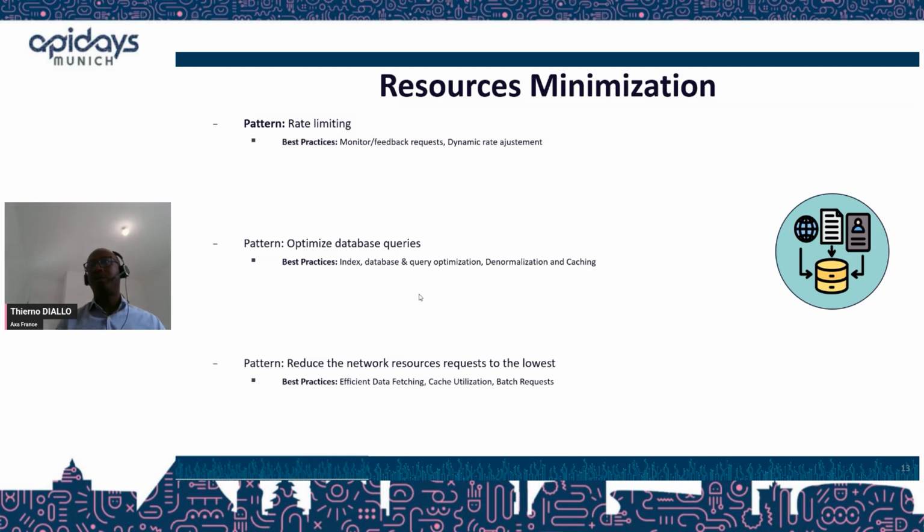So it's very important to have a database really optimized in terms of queries or in terms of engine or something. So you can have techniques like indexing, database denormalization and caching, which is very helpful. And efficient data fetching, cache usage and batch requests are some best practices that could help to reduce the network resource requests to the lowest. It can be very interesting.